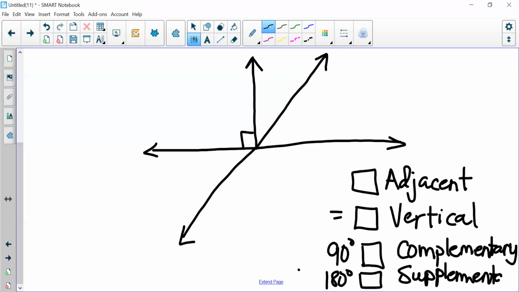All right. So y'all, here's my rough sketch of your angle relationship page. Okay. So let's talk about these angle relationships that we see real quick. Y'all look, what type of angle is this right here? It is a right angle. What is the measure in degrees of a right angle? 90.